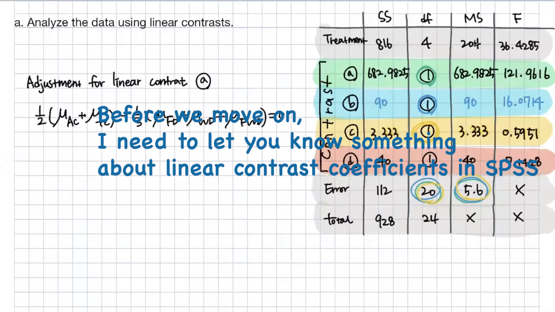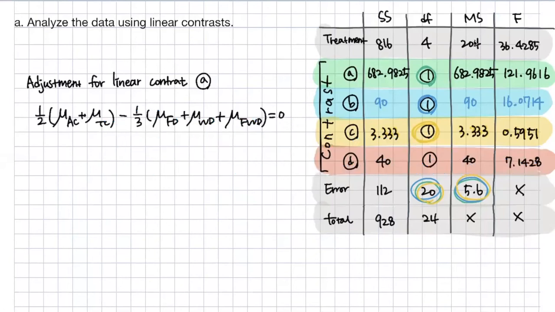Before showing how to do it in SPSS, we need an adjustment for the linear contrast. We need to put the linear contrast in SPSS, but the sum of the linear contrast coefficients should be 0 in SPSS.